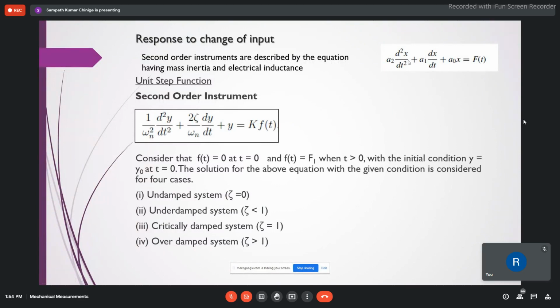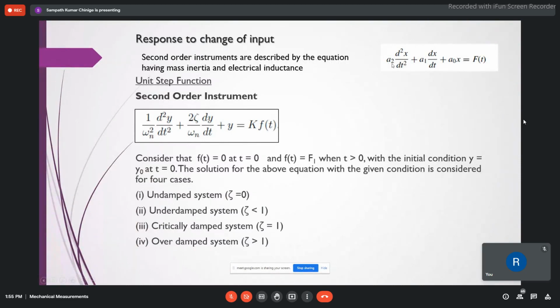Now, for this second order system, when time t is greater than 0, the input is constant f1; at time t equal to 0, the function is 0. With these initial conditions, y equal to y naught at t equal to 0, the above equation can be considered.